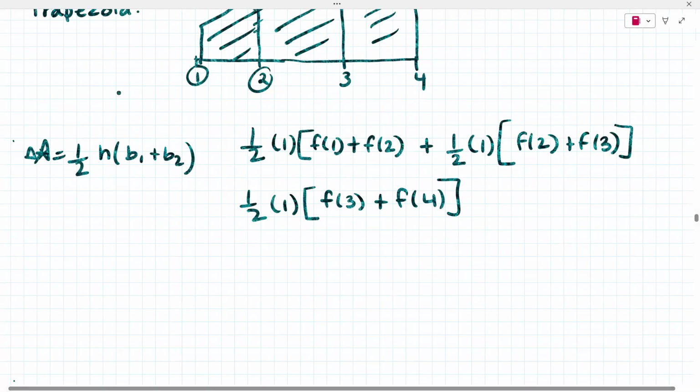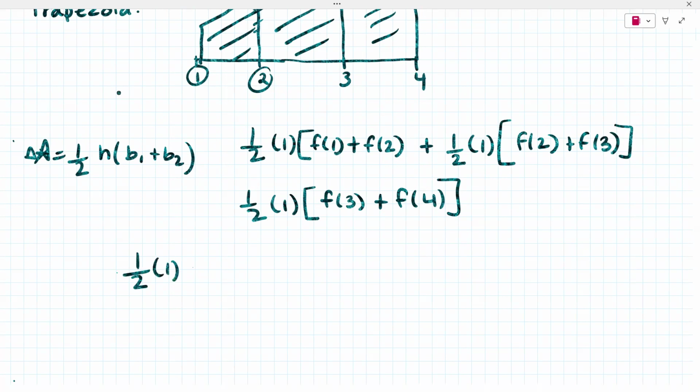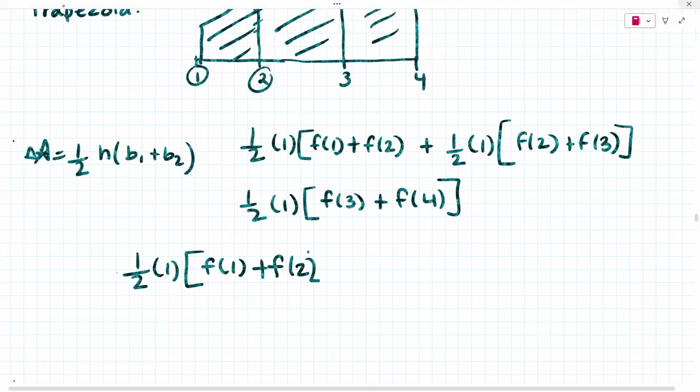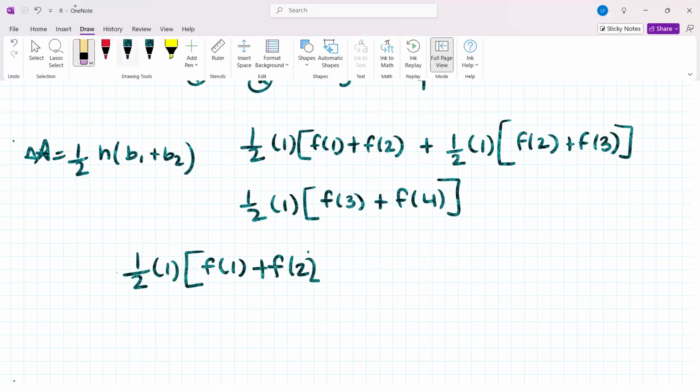So if you want, you could factor out that 1/2, and then it's going to be f of 1 plus f of 2, and then also another f of 2, right?